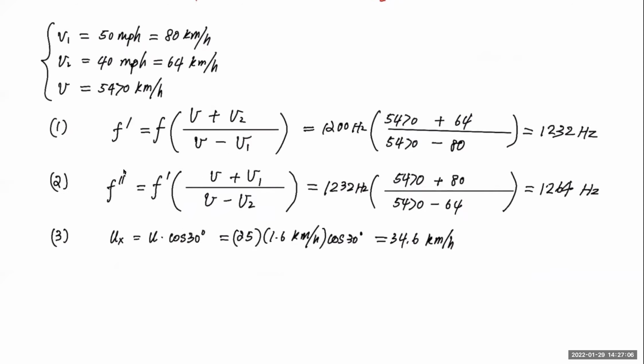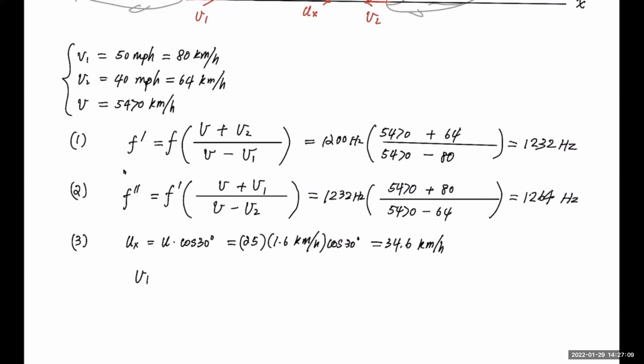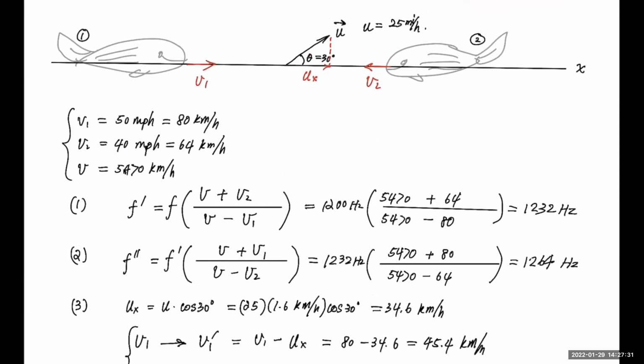So v1 becomes v1 prime, which is v1 minus ux, right? And so that is 80 minus 34.6, and the answer is 45.4 kilometers per hour.